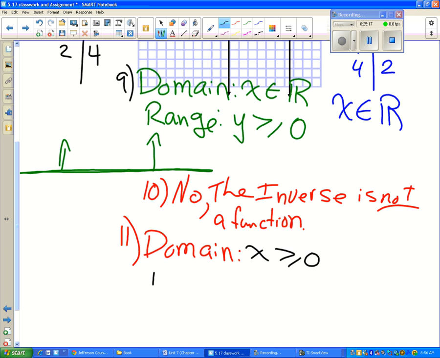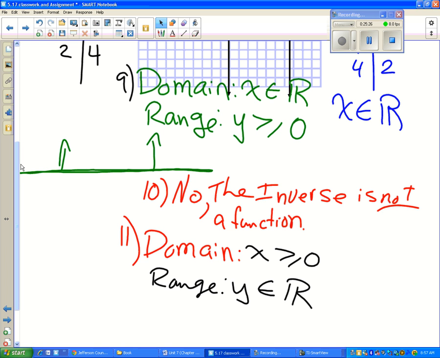My range, I want the y's that are an element of all real numbers. That's my domain. That's my range. Okay?